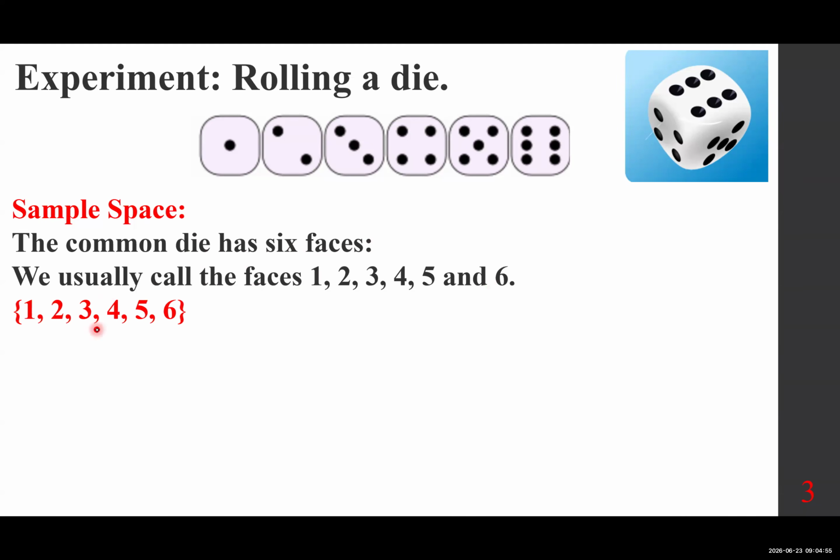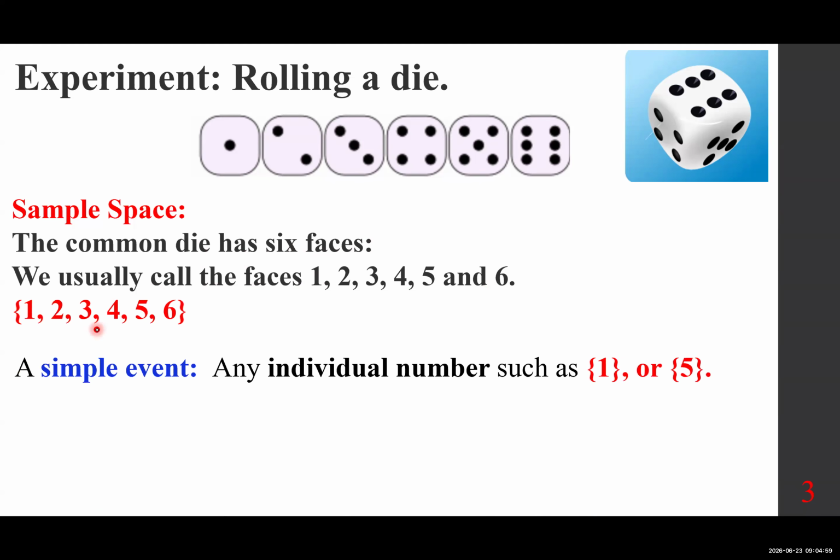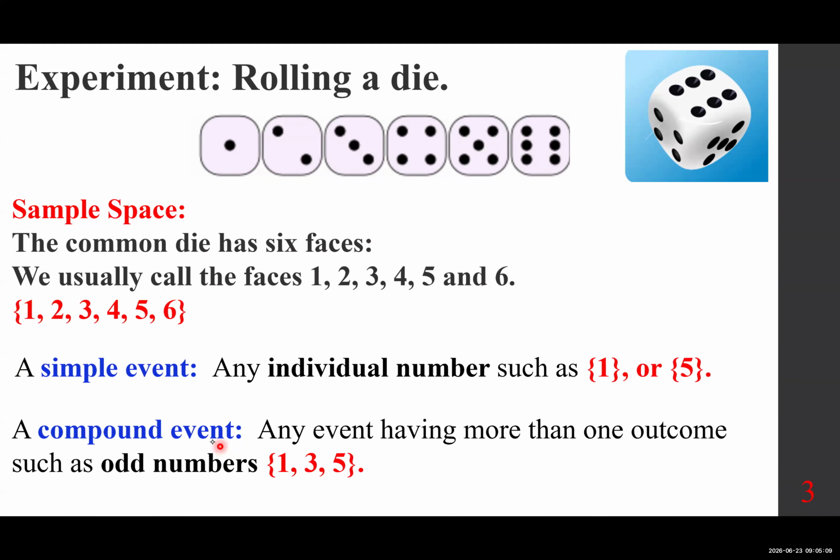So that's a sample space, 6 outcomes. A simple event: any individual number, such as 1 or 5, is a simple event. A compound event is any event having more than one outcome, such as odd numbers. For example, we have 1, 3, and 5 as odd numbers.